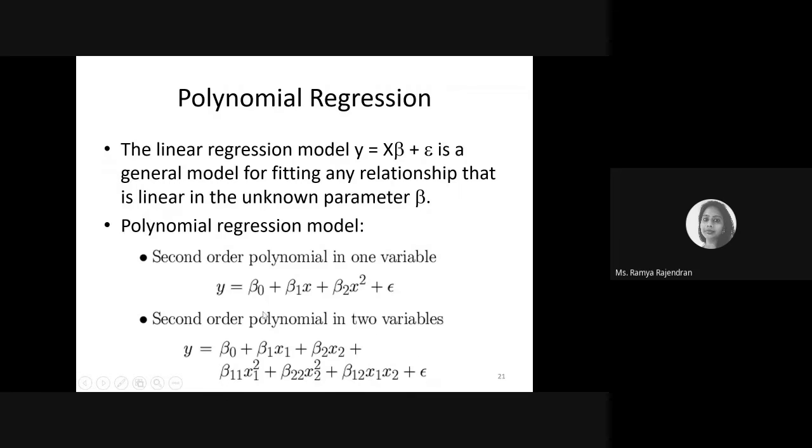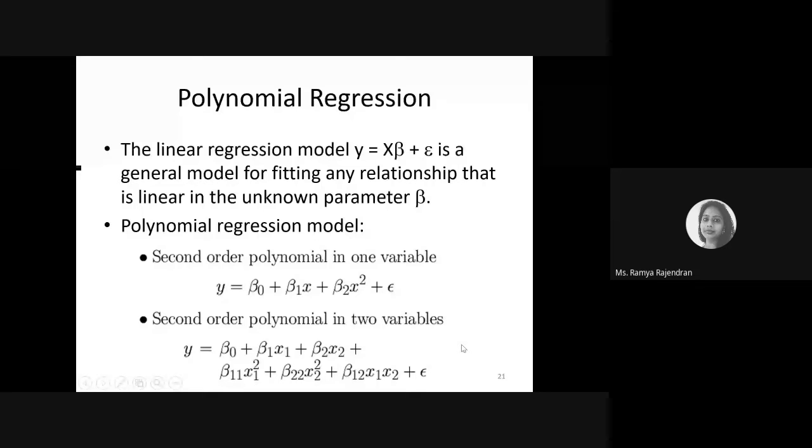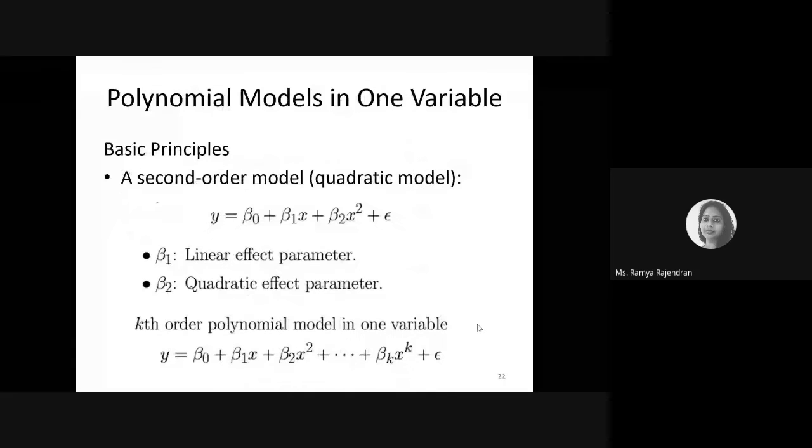This is the formula for a second order polynomial with two variables, and it progresses similarly for a third order polynomial. It's not possible to have a higher order polynomial up to any k-th term. You always have to minimize the order of the polynomial.